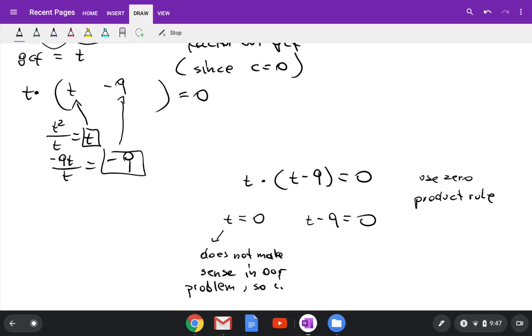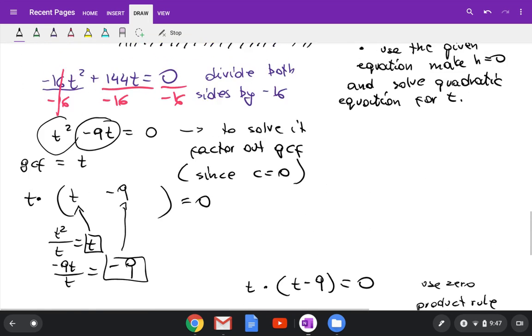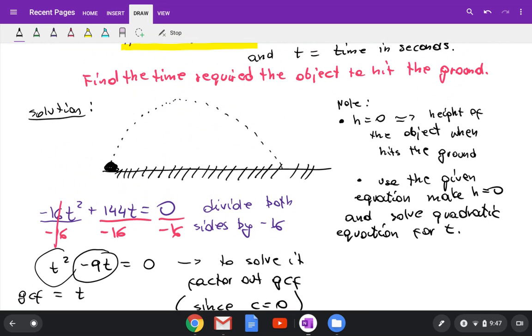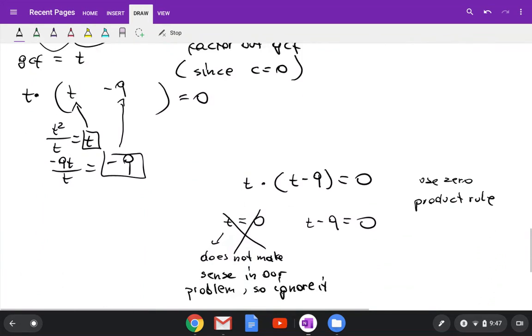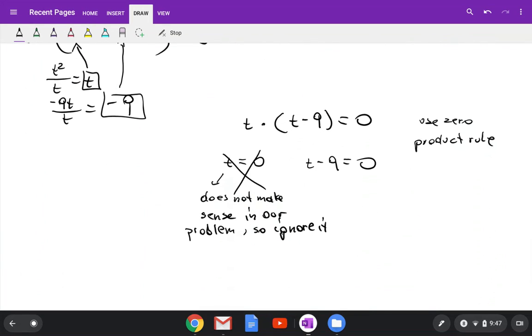So ignore it. Ignore that solution. There's no way that time can be equal 0, because then we won't be able to even throw that object up there. So t equals 0, definitely not solution. So be careful. Be used to that. Sometimes when you're solving quadratic equation, one of the solution doesn't make sense, and we just need to ignore it.